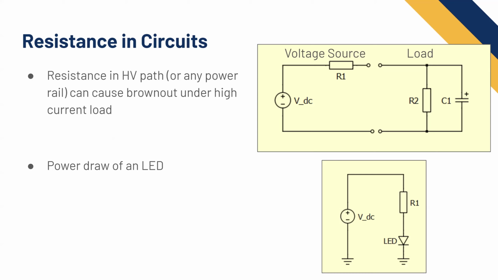Also, this is an example of using a resistor as a voltage drop, like I said before. We know that this resistor is going to have a 4 volt drop, right? Because 5 minus 1. So what resistance do we want this R1 to be in order to send the correct current through the diode?